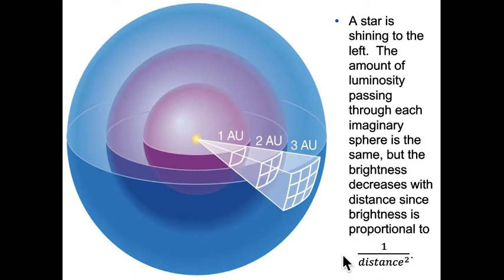Brightness, or the amount of energy received per unit time, per unit area, is inversely related to distance squared. So if you double your distance from the microwave, you've cut the energy you're receiving down to a quarter. If you triple your distance from the microwave, then you're cutting the energy received down to 1/9.